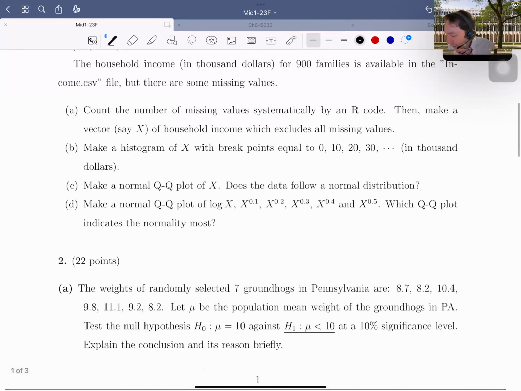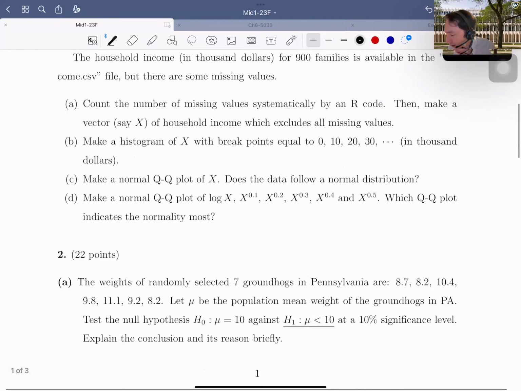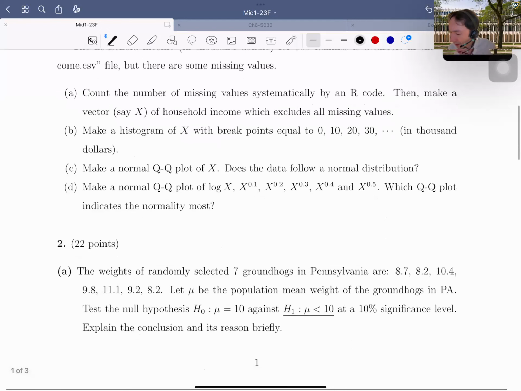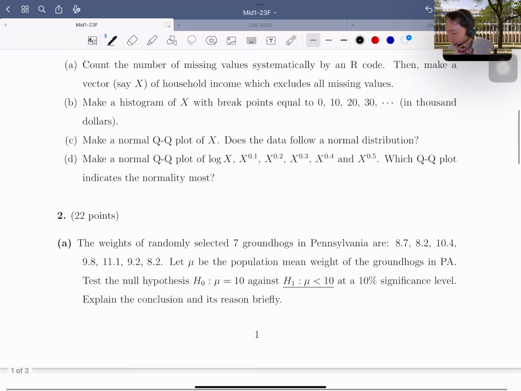Then make a vector of household income which excludes all missing values, and make a histogram of that variable with breakpoints equal to 0, 10, 20, 30, up to whatever number covers the entire observations. And make a normal QQ plot for X and see if the distribution follows a normal distribution.